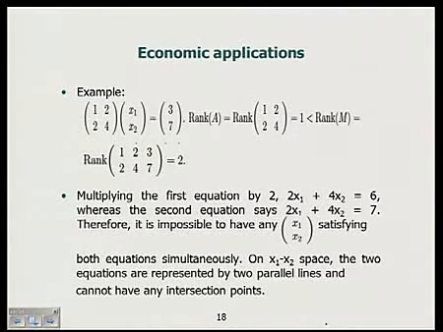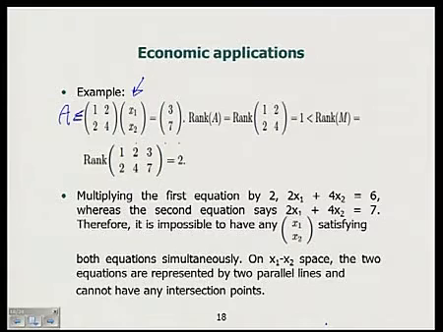As we can see here, example 1, 2, 2, 4 as before. Then we have our variables x1, x2, that must be equal to 3 and 7. But if we multiply the first equation by 2, then we have 2, 4, 2, 4, x1, x2 equal to 6 and 7.